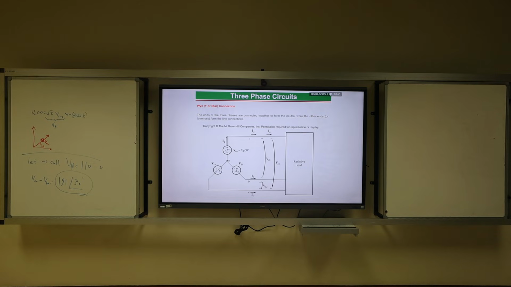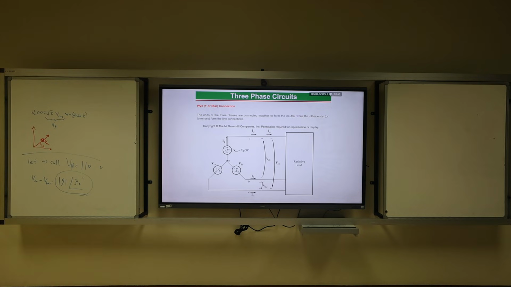Who needs help? First of all, you need to change the brightness. It's too dark. You have to go shift setup, contrast. Let's make it a little bit lighter.